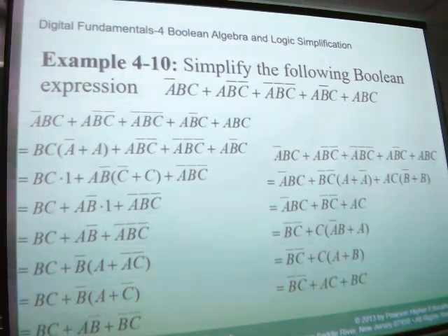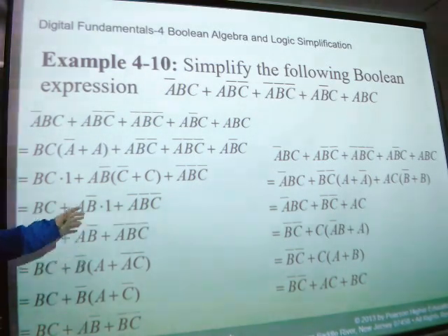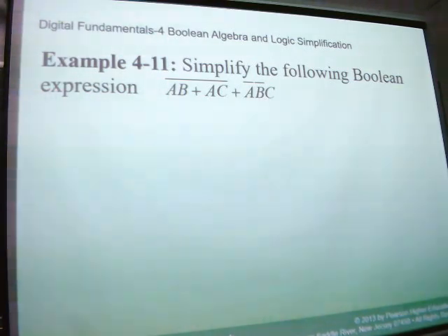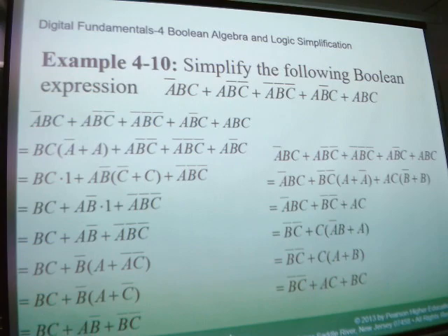Example 4.10. There are two kinds of methods to simplify the following Boolean expression. We have learned using the 12 rules and the three different Boolean laws. The first method, this expression.